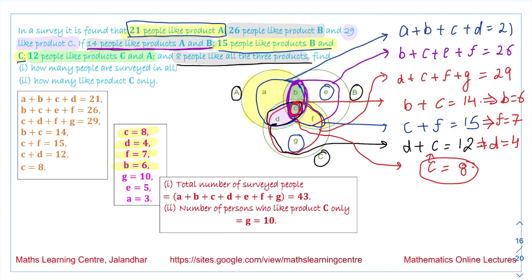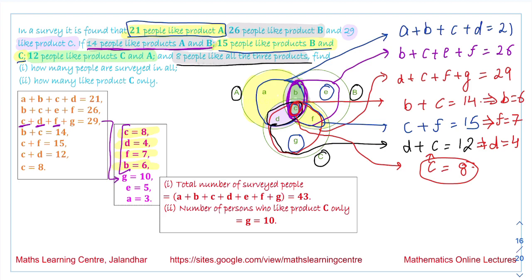Now if we substitute the value of C, the value of D, and the value of F in this equation, we obtain the value of G as 10.